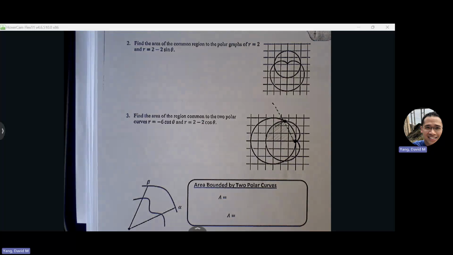I printed out a larger version for me to demonstrate.